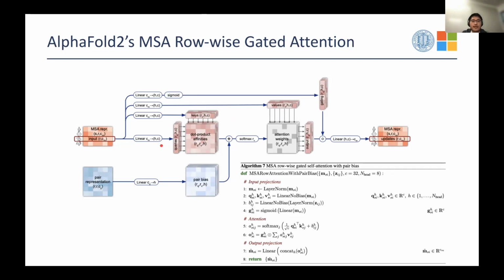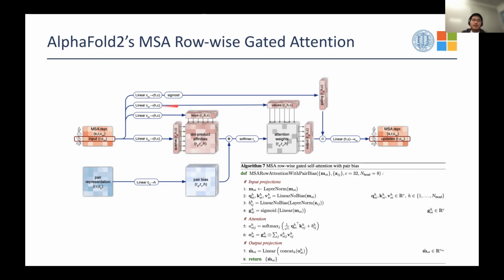In terms of the encoding part, this is a typical attention design. Queries have a dimension of R, number of heads H, and C. The keys come from a linear layer with no bias, as R, H, and C, which comes to a dot product affinities as R by R by H, computed over C channels.